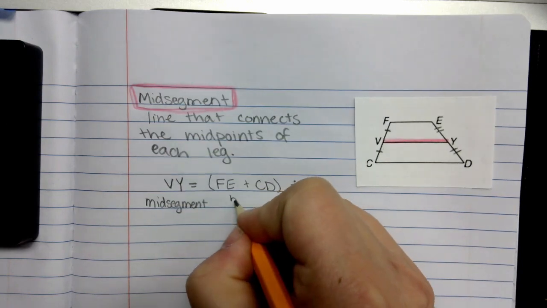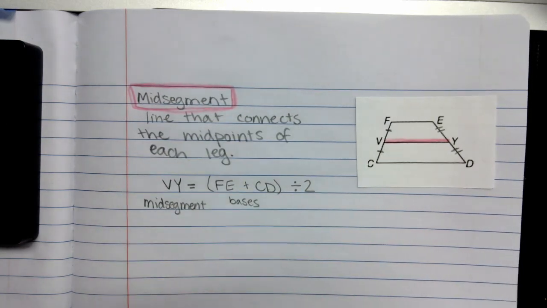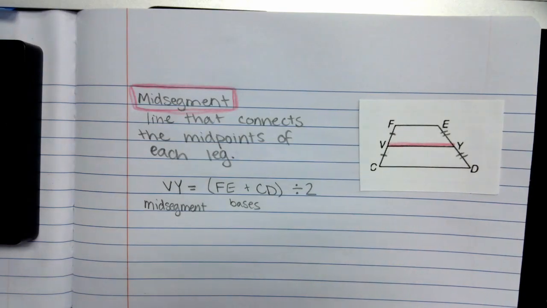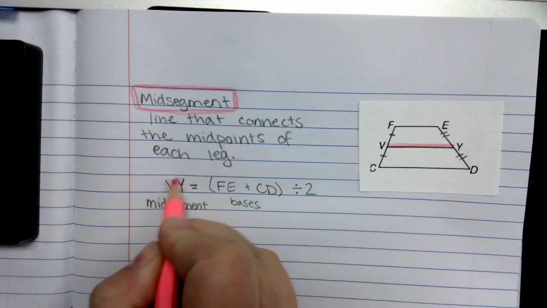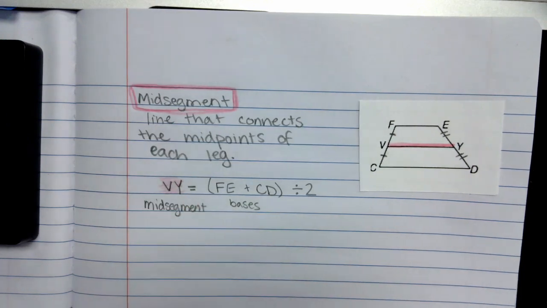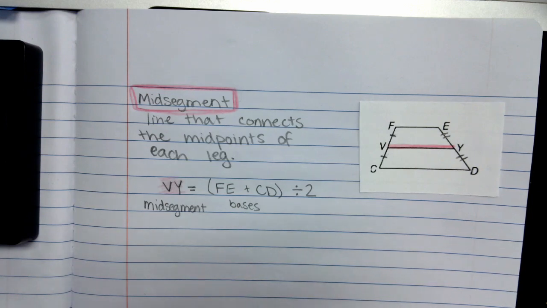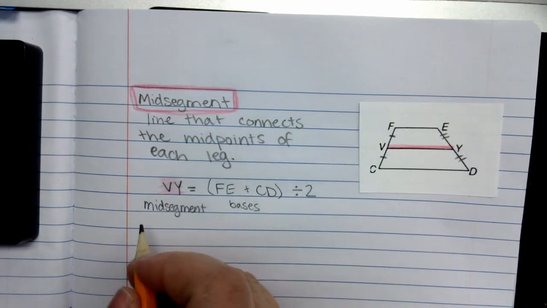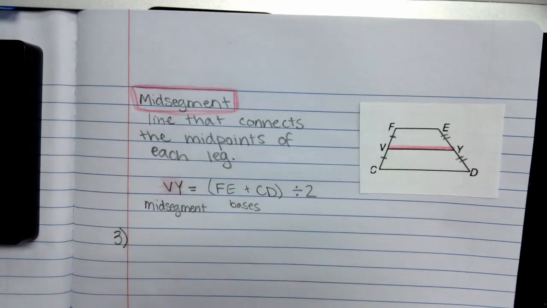Alright, so VY is that mid-segment. So we're going to take VY and say it's equal to our two bases added together divided by 2. What's one of our bases? FE, which is 6, plus, what's our other base?